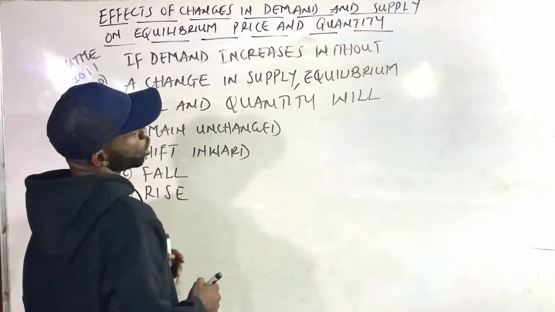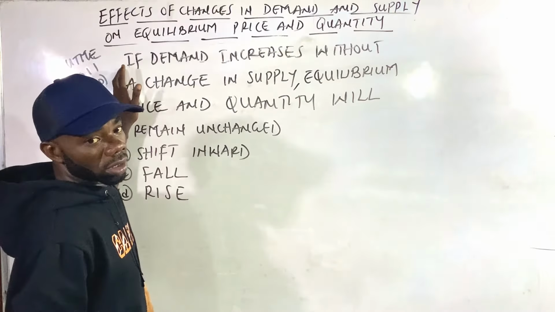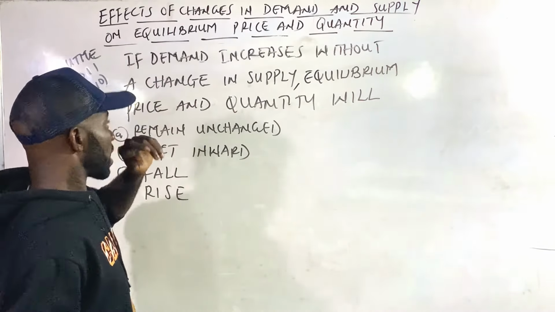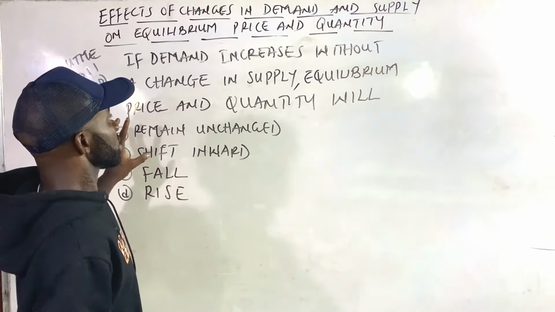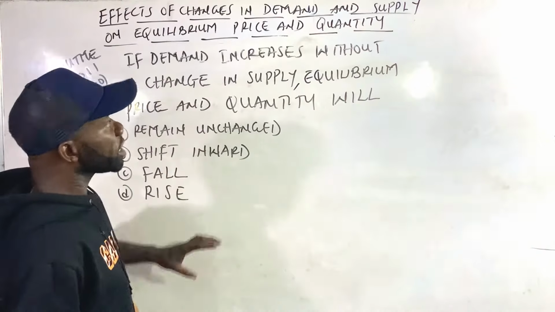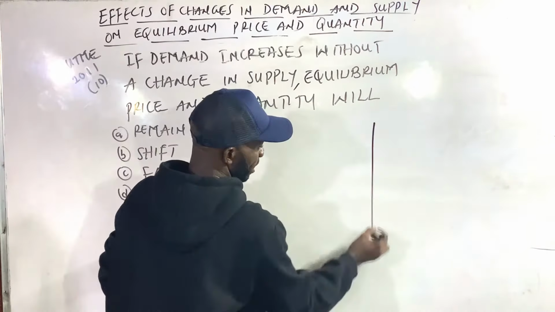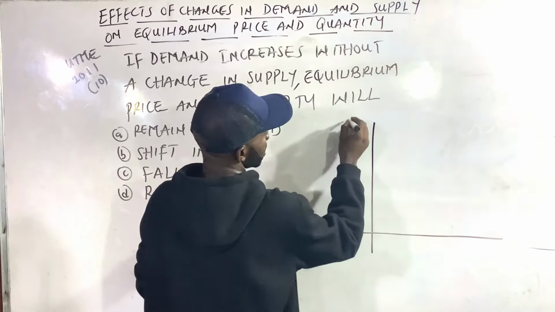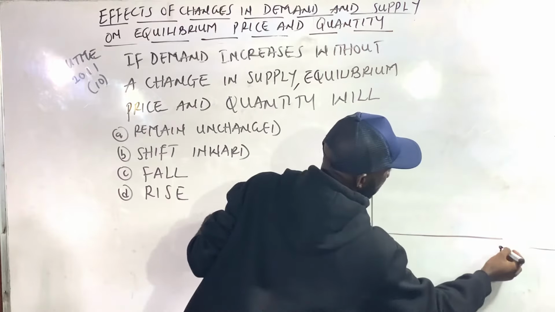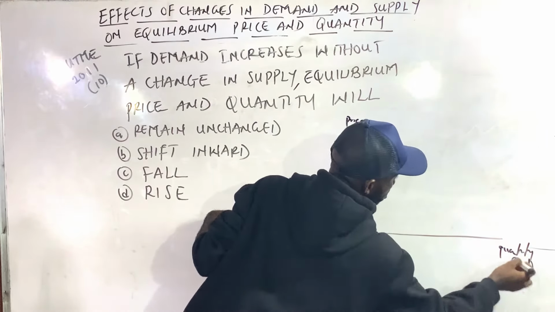But before we go to the options, let me remind you that this is case number 1 from the cases we took. And case number 1 says increase in demand only. This is what the diagram looks like. And then we had our price line, or price in Naira, and then quantity in units.